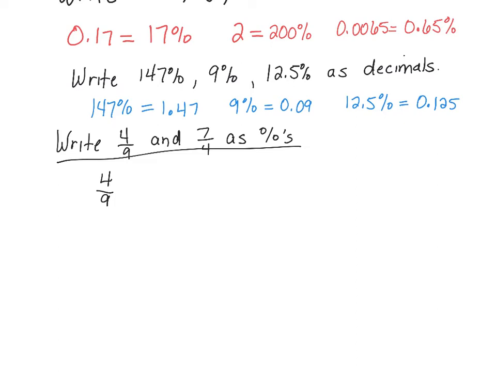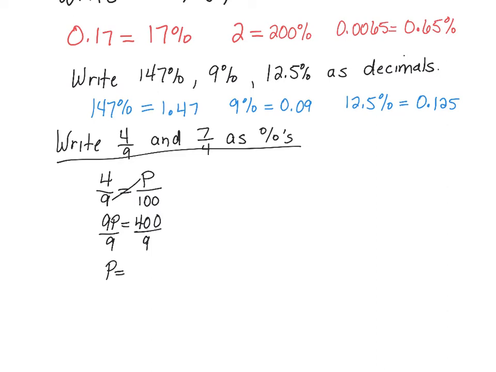Can't we set up a proportion? Make an equivalent fraction? I can set it up as some percent out of, what's percent always out of? 100. A lot of you do not like to divide. Let's be real. So you cross multiply and you get 9p equals 400. Divide by 9. It's going to be a little bit easier to do that without a calculator.